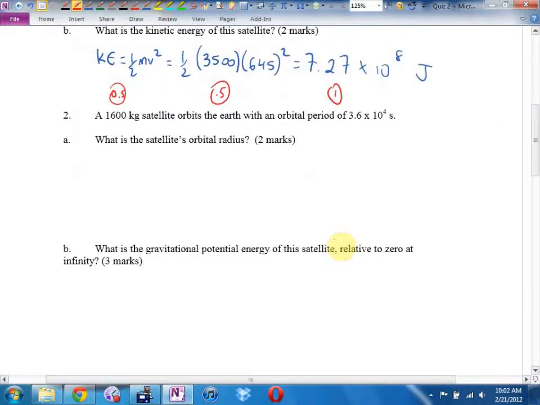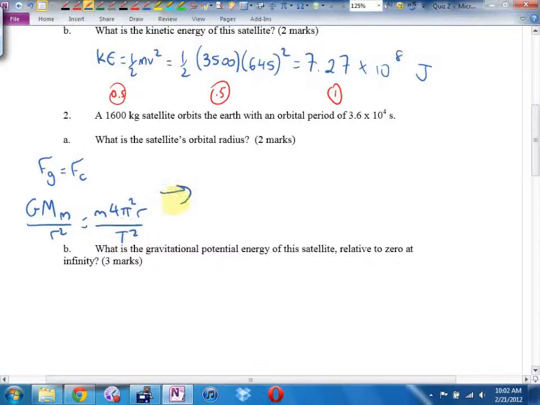Example 2, same as question 1, except here they want the period. I'm going to start out the same way. Brianna, I'm going to go, well, gravity's pulling me in a circle. Gravity is big G, big M, little m over r squared. Circular force is m. Oh, I'll use the 4 pi squared r over t squared. Okay, the mass cancels.